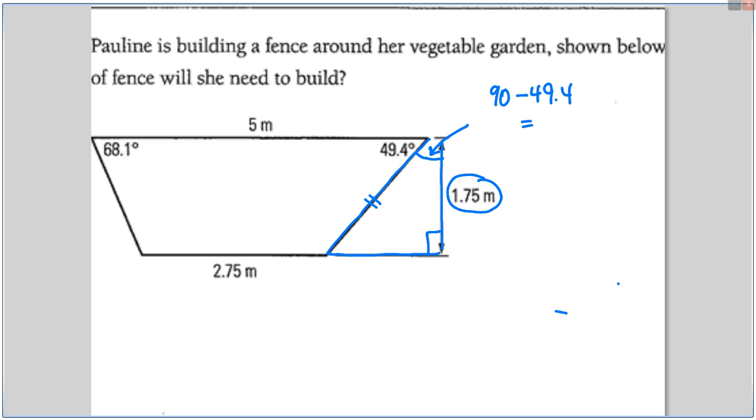So I got 40.6. This is your hypotenuse. This is your adjacent. So I'm going to use cosine.